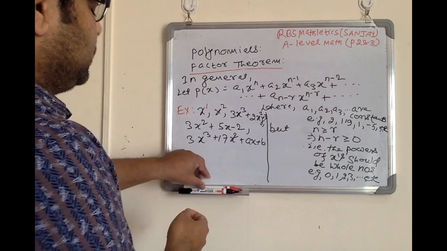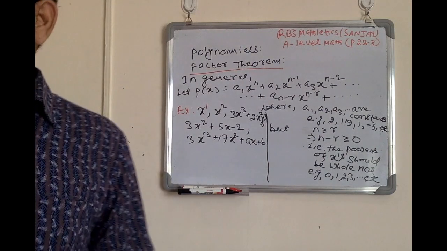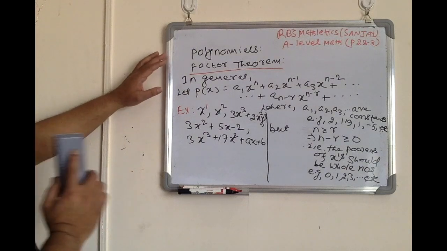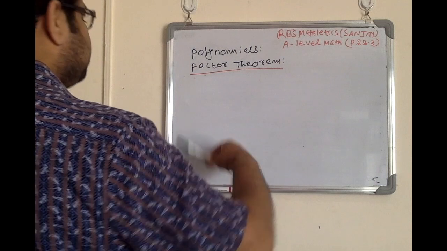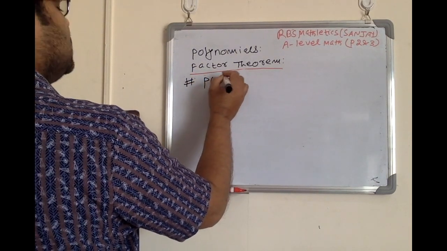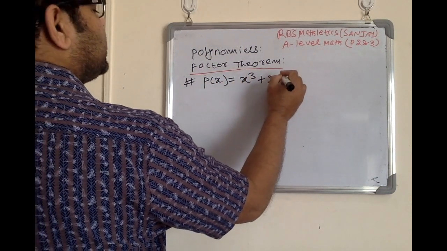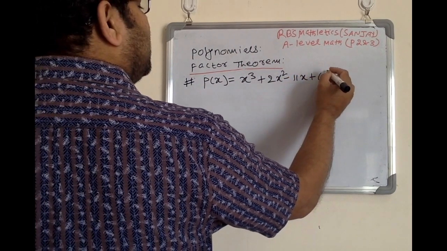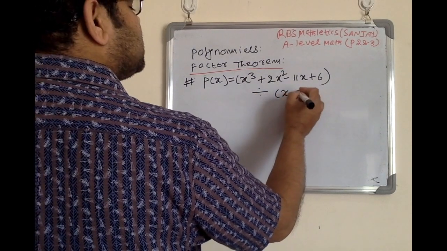Now we are going to talk about what is the factor theorem. To explain that, let me clear it off and take an example. Say p(x) equals x cubed plus 2x squared minus 11x plus 6, divided by x minus 2.